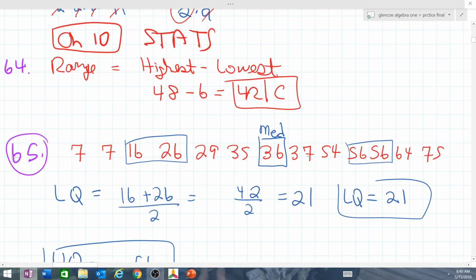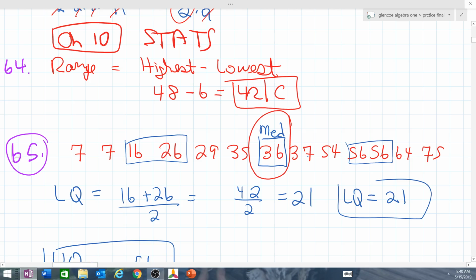65, find the lower quartile and the upper quartile. They were already in order for us. You have to find the median. The median of this set of data was 36. The lower quartile is the median of the lower half. The upper quartile is the median of the upper half.